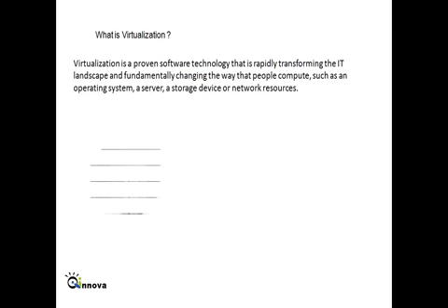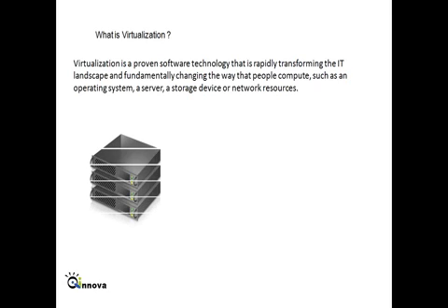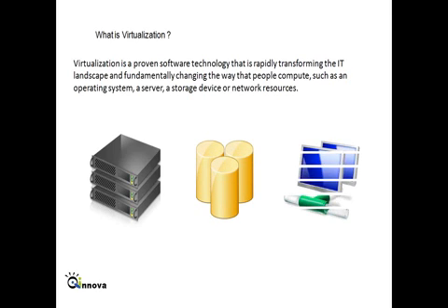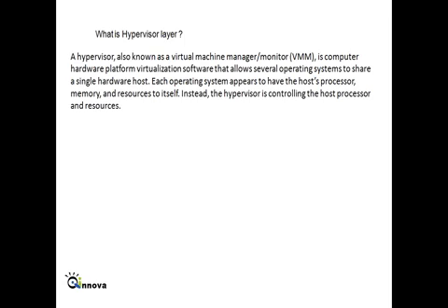Now, instead of directly installing the operating system on the physical machine, we add a layer, which is a hypervisor, and still get all the benefits of the physical server. Whatever you can get from a physical machine, you can get from a virtual machine.